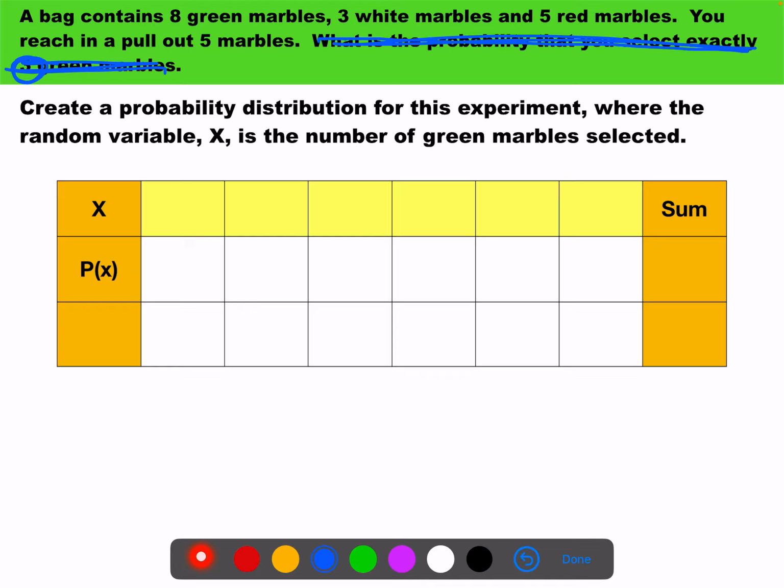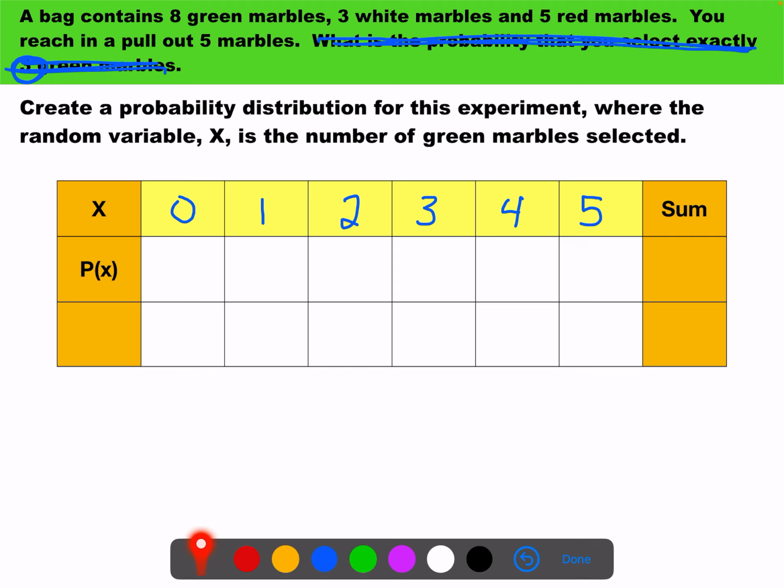Yeah, I can select 0 green marbles, or 1, or 2, or 3, or 4, or 5. I can't select more than 5 because I'm only pulling out 5 marbles. And I can select no green because there are enough of the other kind to select all 5 of the other kind.